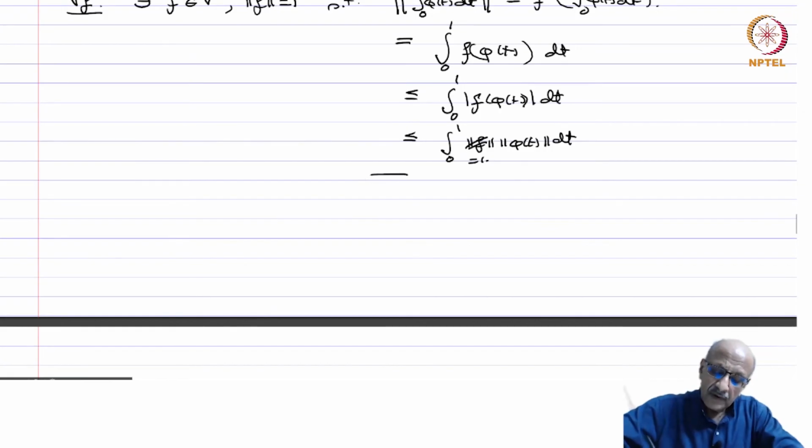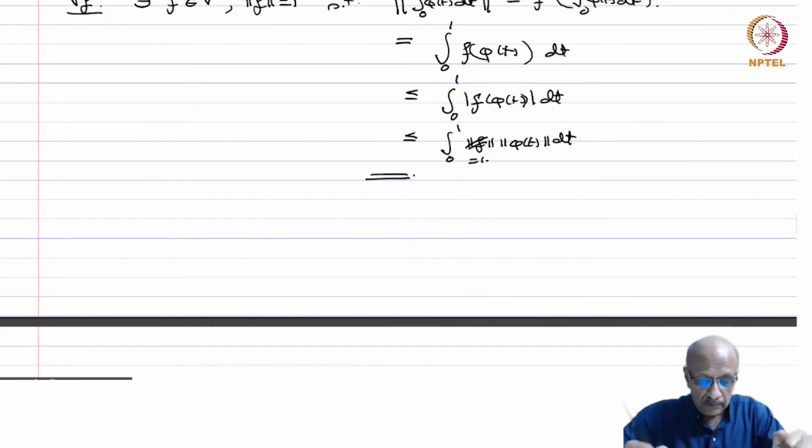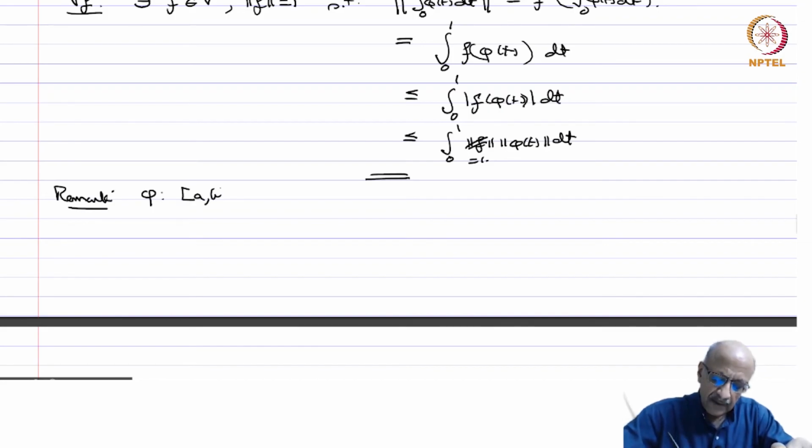So we have done the integral 0 to 1, but you can do this on any interval. Remark: suppose phi is from [a,b] to V, continuous. How will I define the integral?